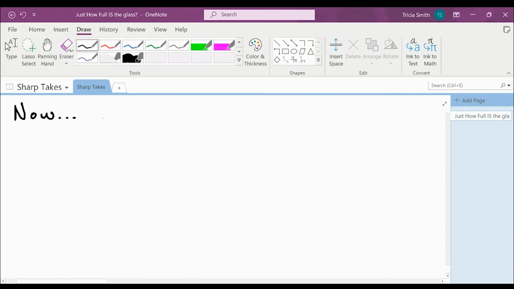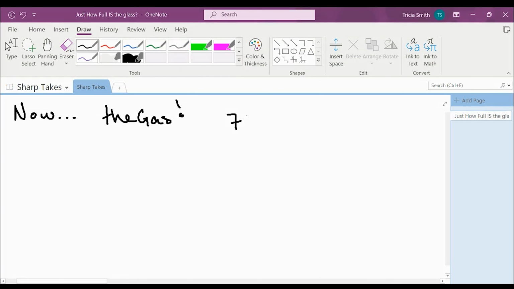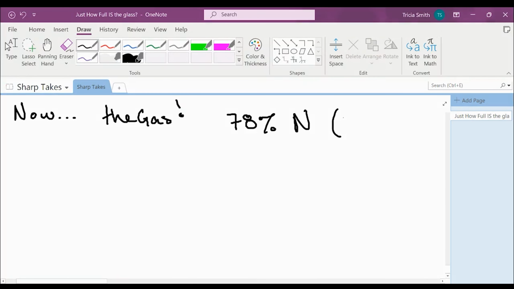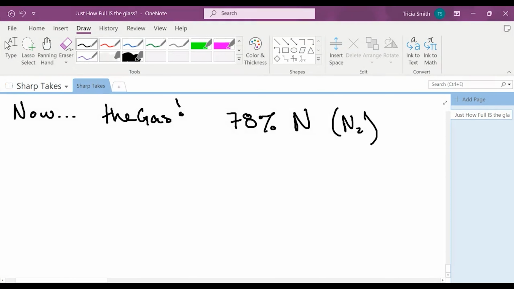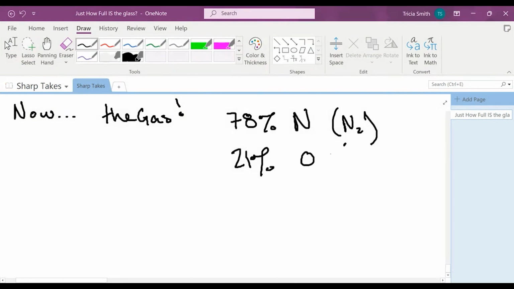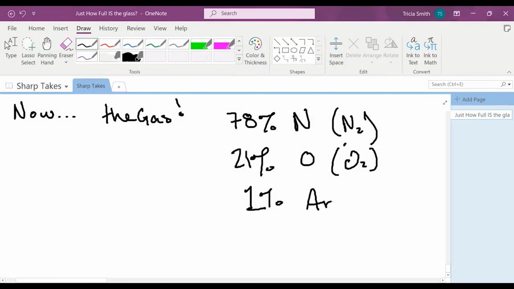Now, onto the gas. As a reminder, we're working with 78% nitrogen, presenting as N2, 21% oxygen, presenting as O2, and 1 beautiful percent of argon, presenting as itself, as our composition.